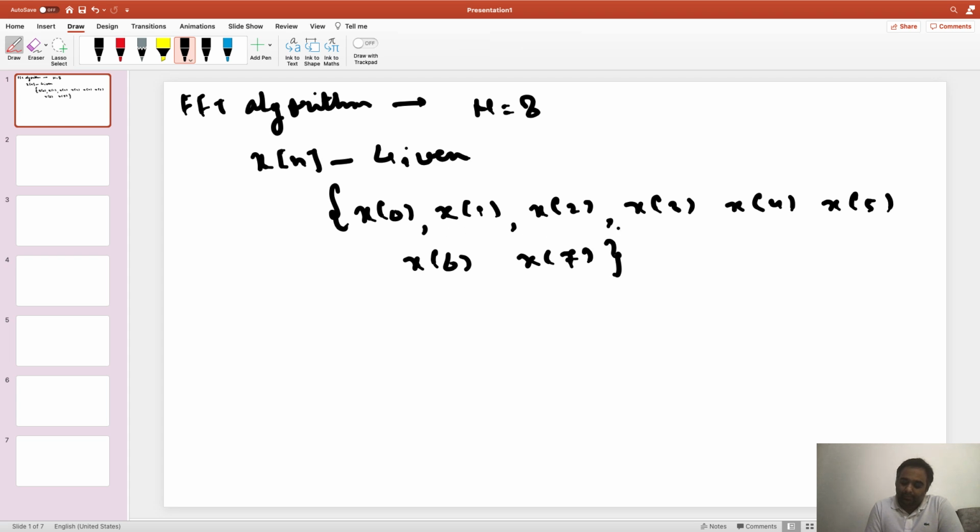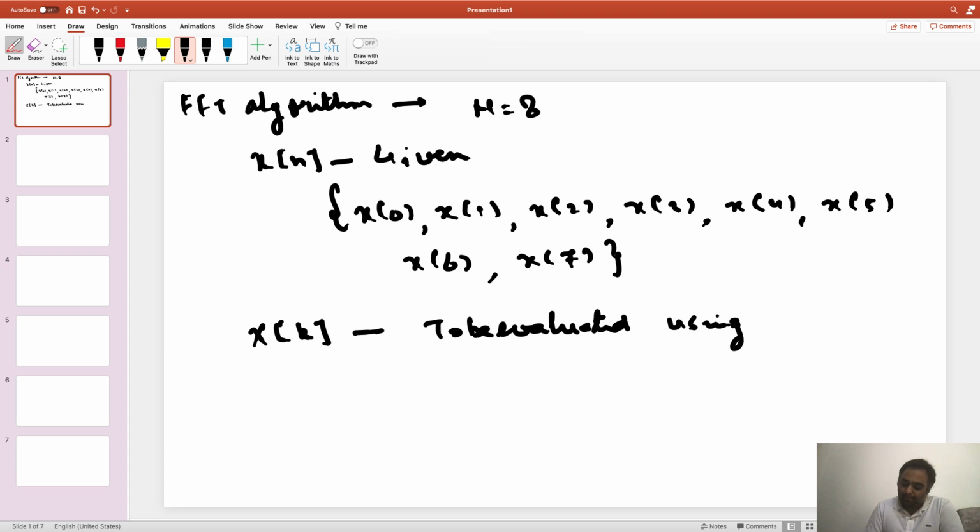They're separated, and the task is to find X[k] to be evaluated using the FFT algorithm. So that is the task.